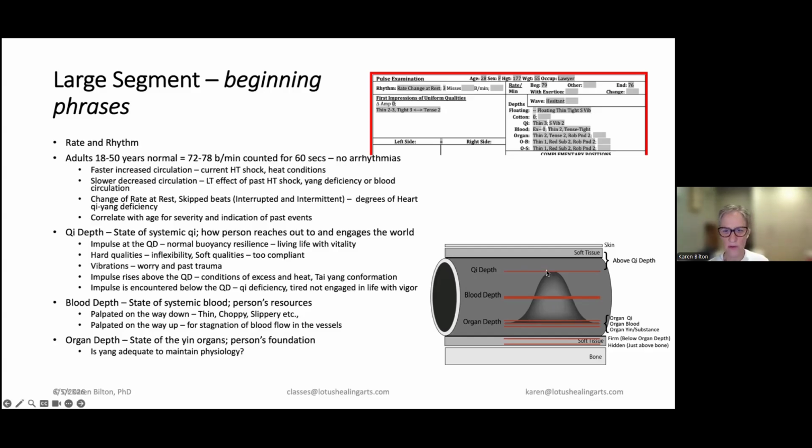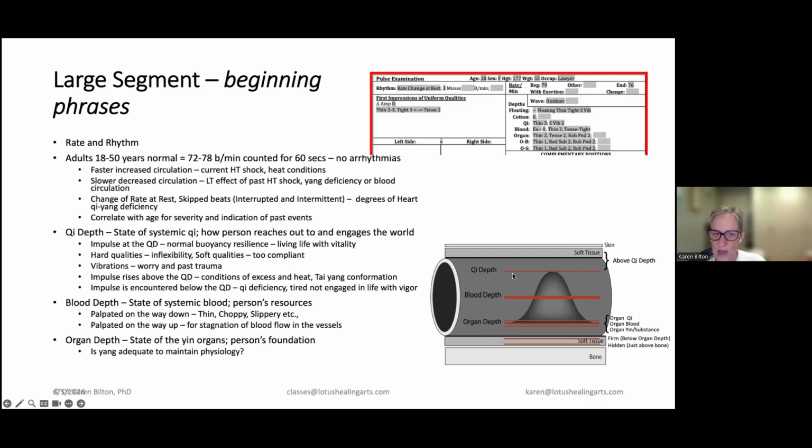With a really hard chi depth, we can predict how they're going to respond, because there's going to be inflexibility and it's going to be reactive. Now, if their chi depth is too soft and has a diffuse, reduced pounding, or even a little bit diminished, then that person is probably a little bit too compliant and doesn't have the energy to have all the resilience that we spoke about initially.